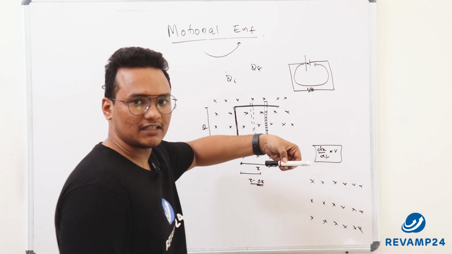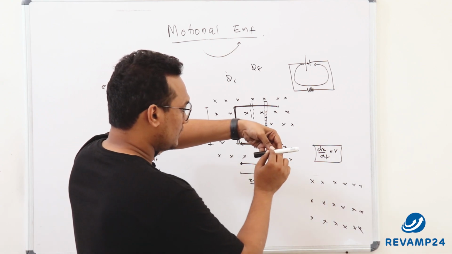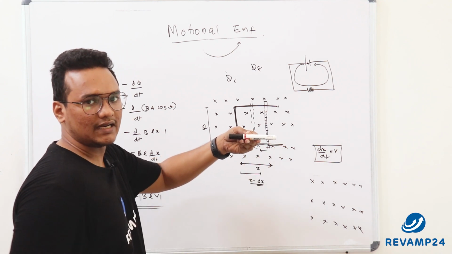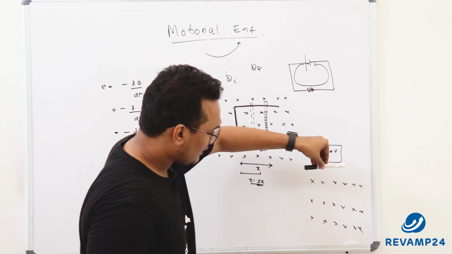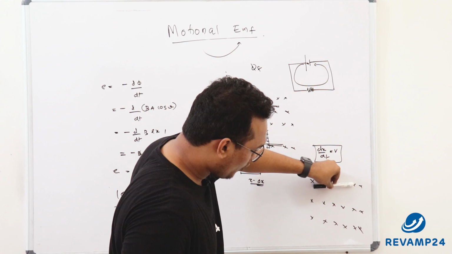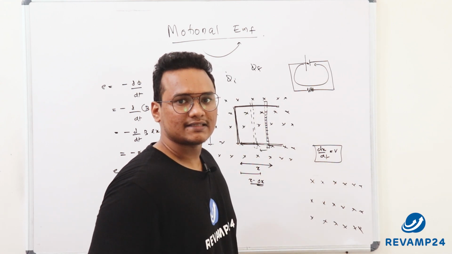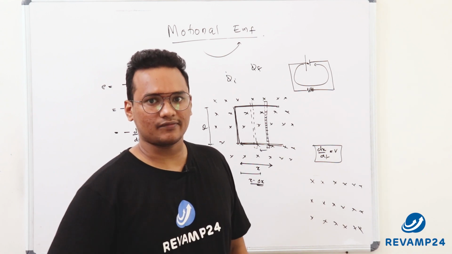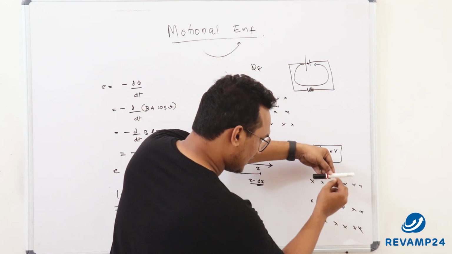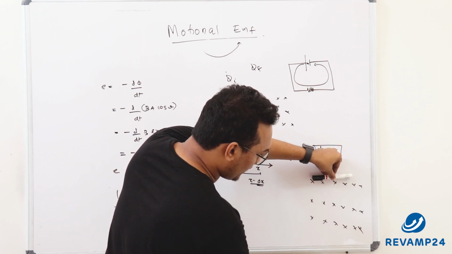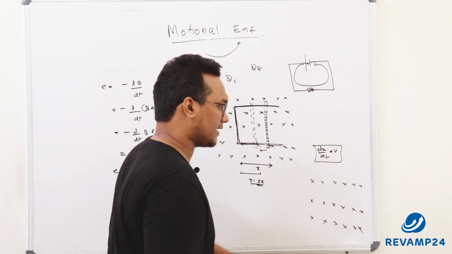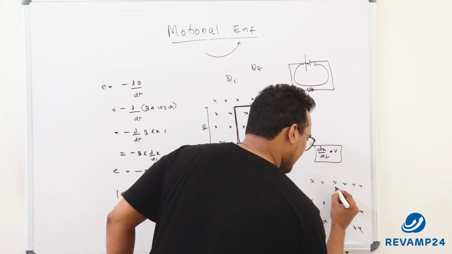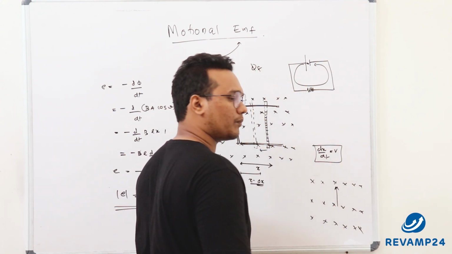Now in which direction will the induced EMF be? See, inside we have lots of free electrons, right? Now when electrons are moving in a magnetic field, they are moving charges in a magnetic field that will experience a force, right? See, let's say I have an electron here. Now the moment I am dropping, the electron is moving in this direction. So movement of electron in this direction can be taken as movement of positive charges in the opposite direction.